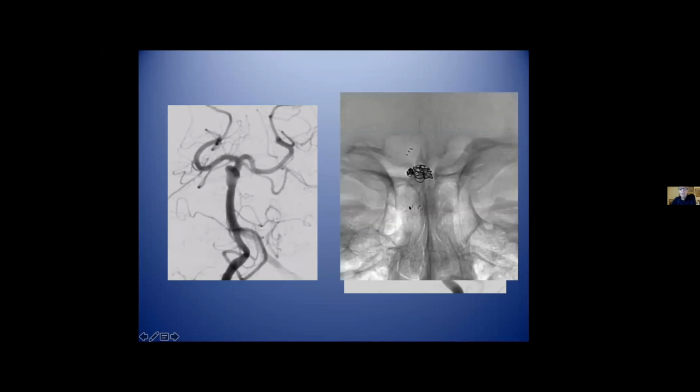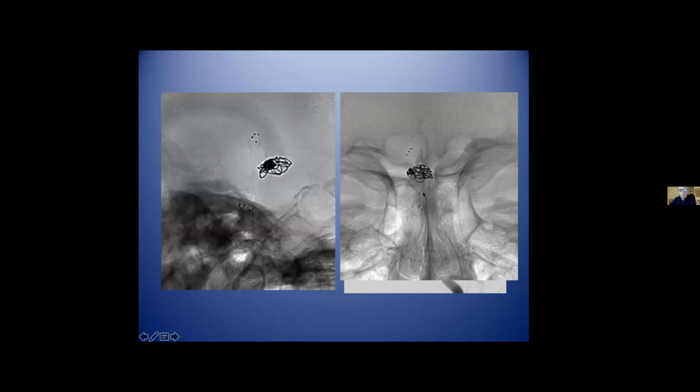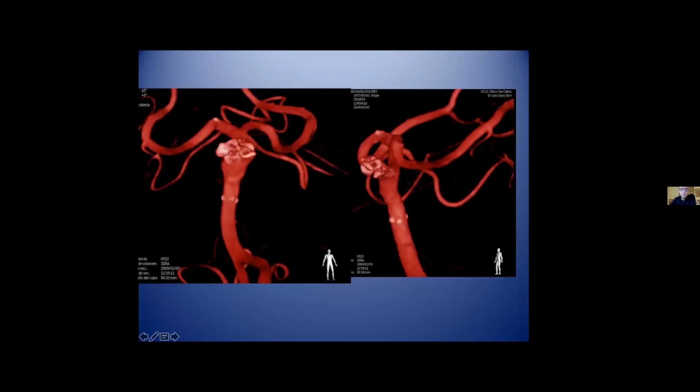I decided to treat with an Atlas stent and coil, but because of the radial force, this is after the treatment with coiling, and 6 months later the aneurysm regrew.